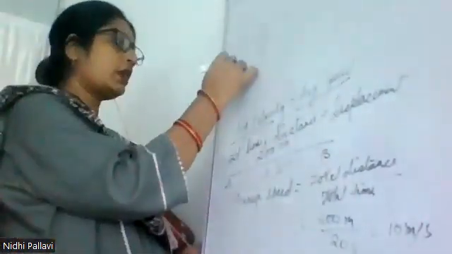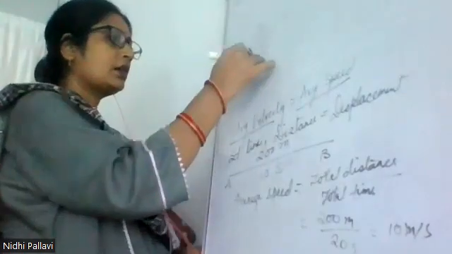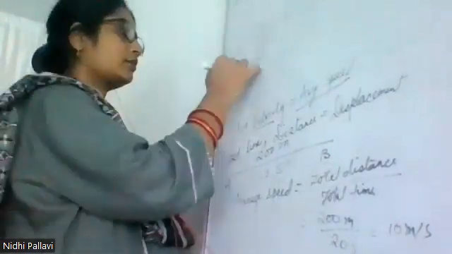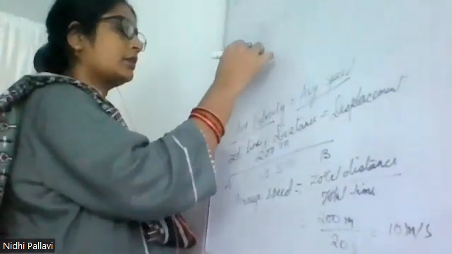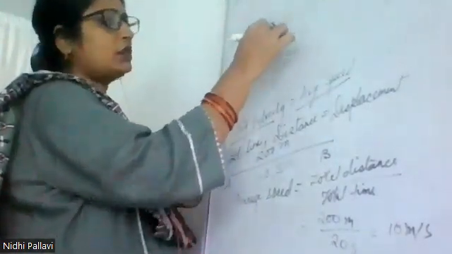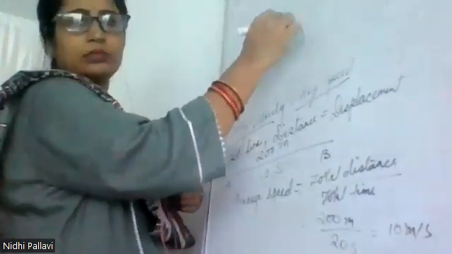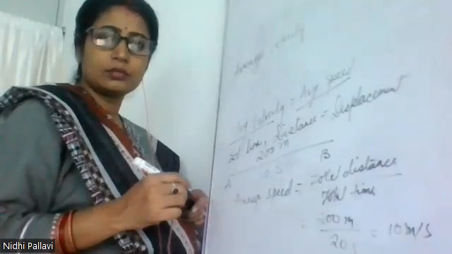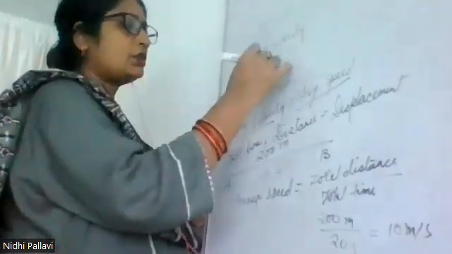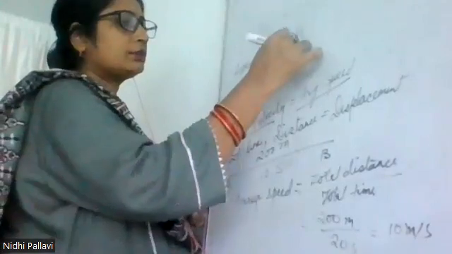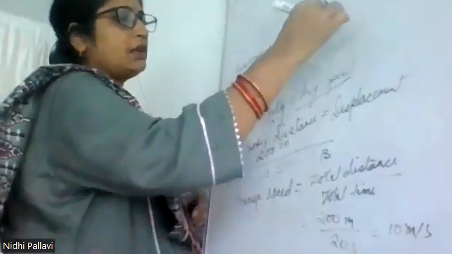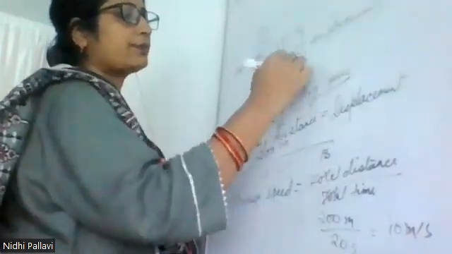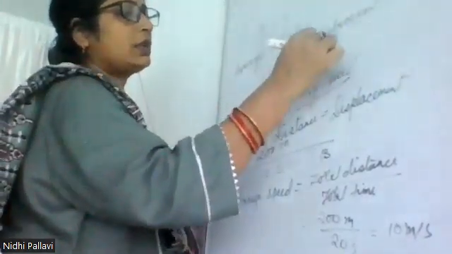And if we find the average velocity, are you able to see the board? Is it clear from the board? Average velocity is equal to total displacement by total time.